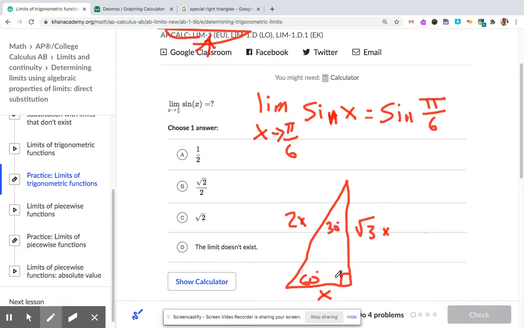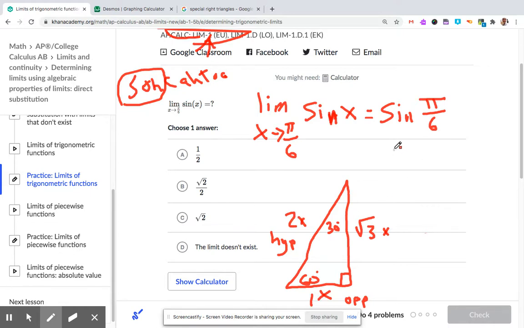So we're talking about the sine of 30 degrees. Sine, SOHCAHTOA, so sine is opposite over hypotenuse. This is our opposite, and here's our hypotenuse. This is a 1 and a 2. I don't need the x's here, but it's 1 and 2.